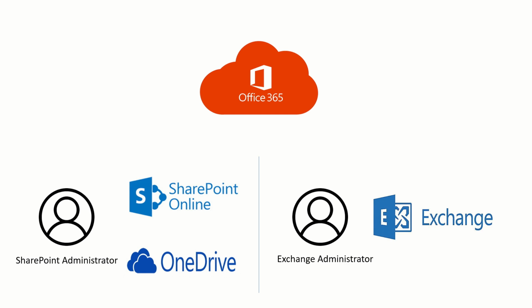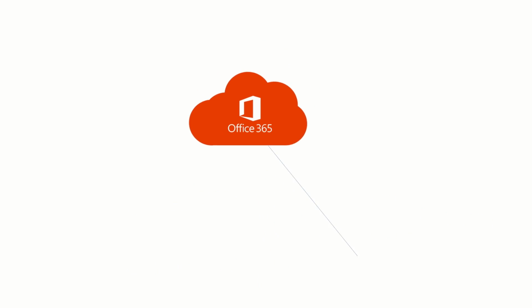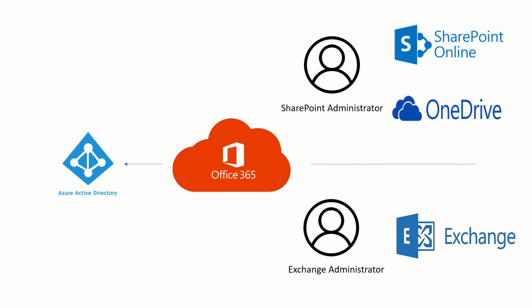Now, as I said before, Office 365 under the hood uses Azure Active Directory for identity management. What do I mean by this? When you go to portal.azure.com or portal.office.com and you create a user, it's actually Azure Active Directory where the accounts or identities are getting saved.